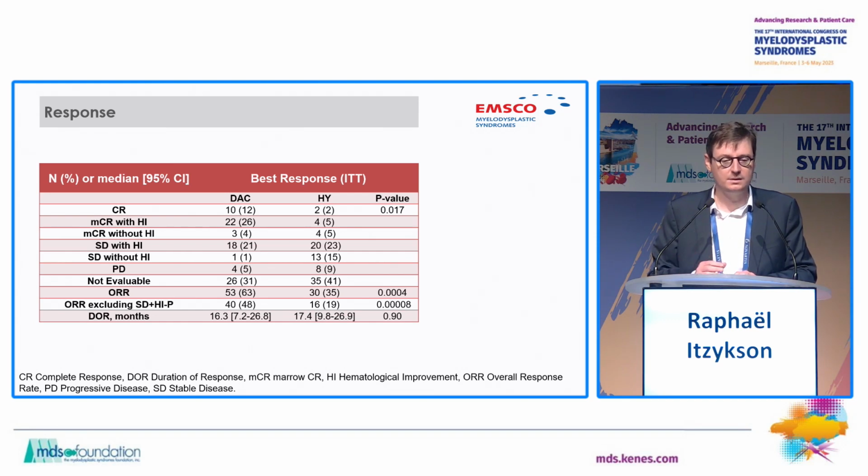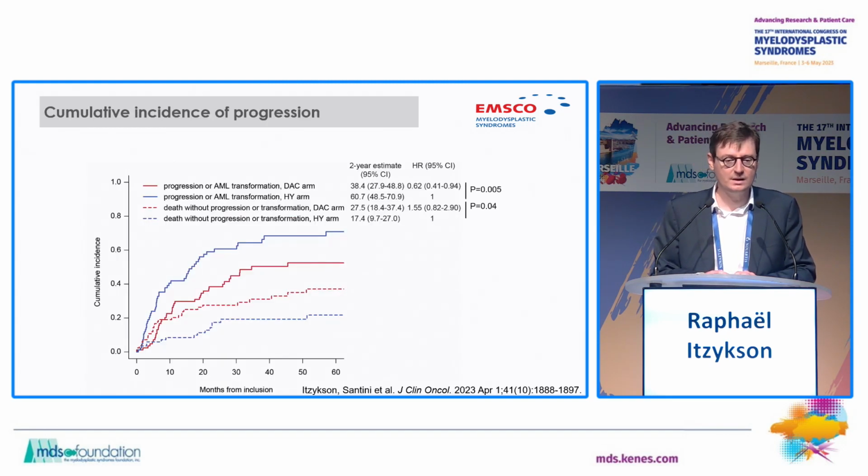We had not missed the usual response pattern of hypomethylating agents, including a slightly significant but modest complete remission rate in that patient population. What we saw when doing competitive risk analysis was that there was indeed a reduction in the cumulative risk of progression or AML transformation with decitabine over hydroxyurea, but this was offset by toxicity, actually, death that was not related to progression or transformation.